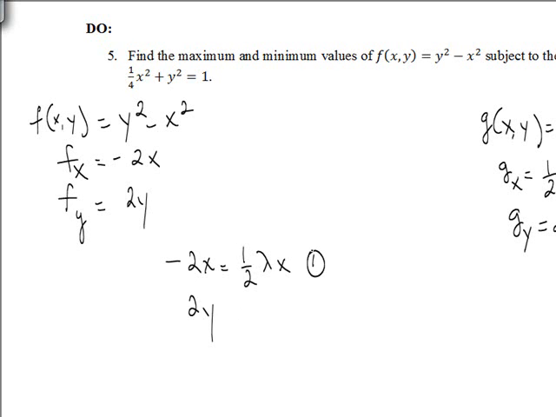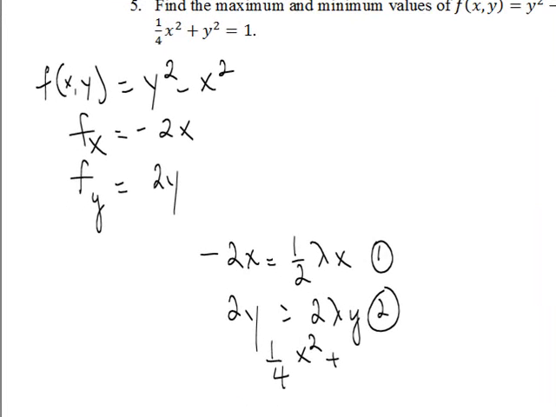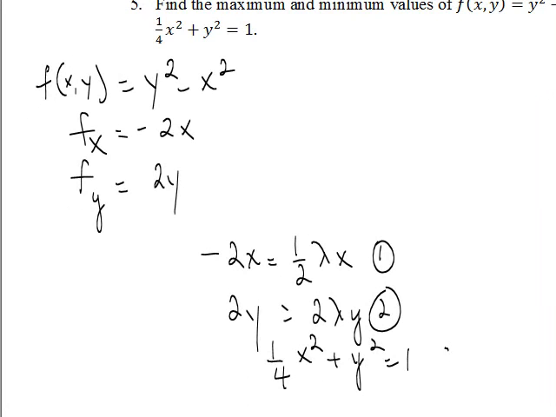So that's 1. 2y equals lambda 2y. Well, 2 lambda y. Any more? 1/4 x squared plus y squared equals 1. Okay, now you know we have to solve these three.